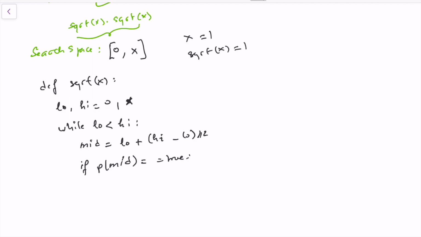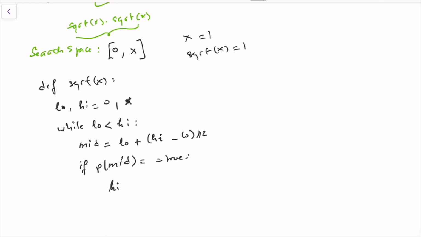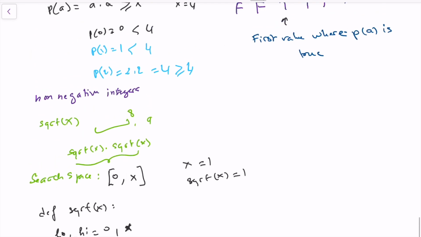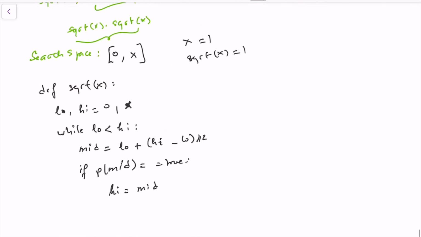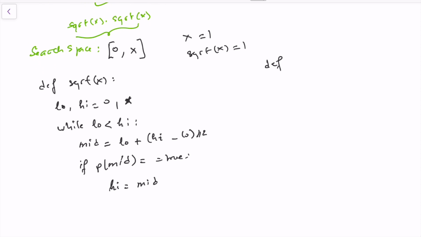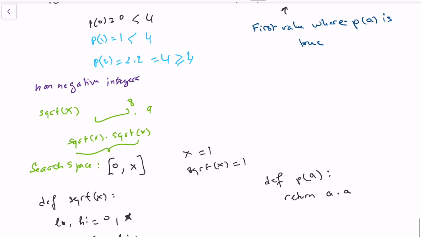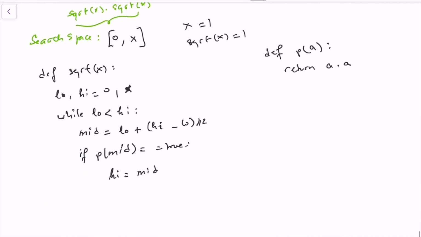The same way I explained earlier, we go right, and the value maybe is high, because I define the predicate that we just designed, let's say of a, to return whether a multiplied by a is bigger or equal to x, right?